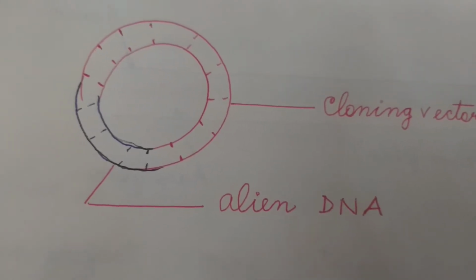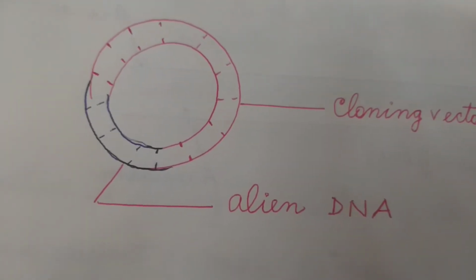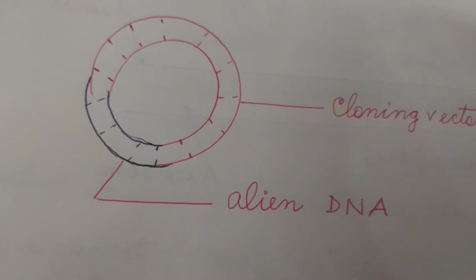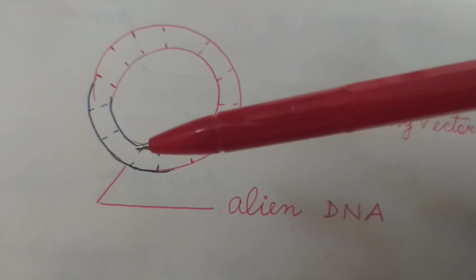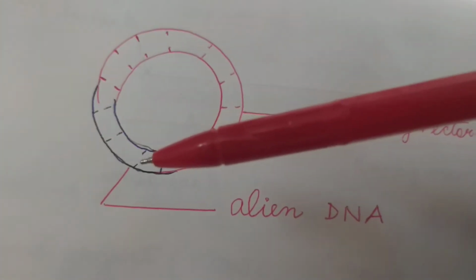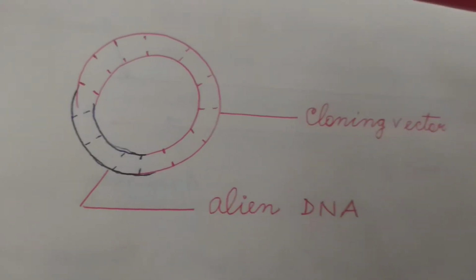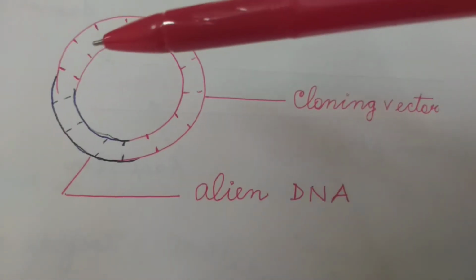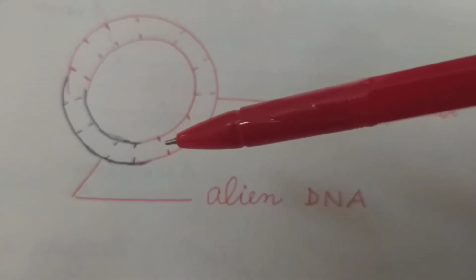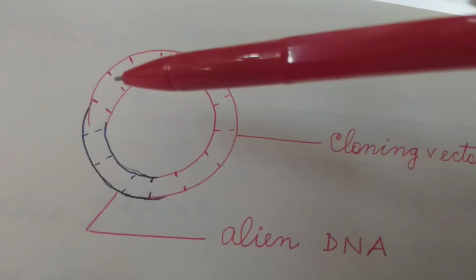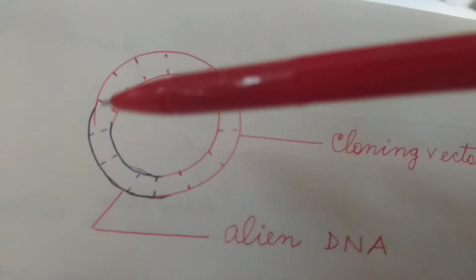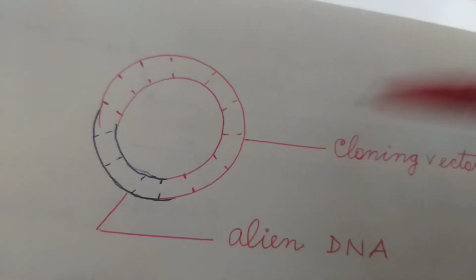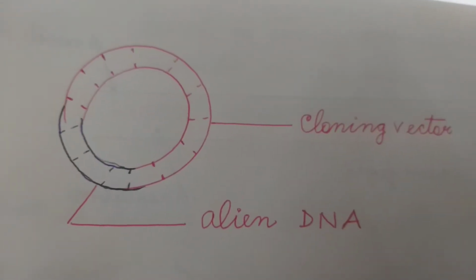So, to facilitate cloning or to facilitate replication of the alien piece of DNA, what are the features that must be present in the vector? What are the features that are required to facilitate cloning into a vector? This is the topic you have to learn.